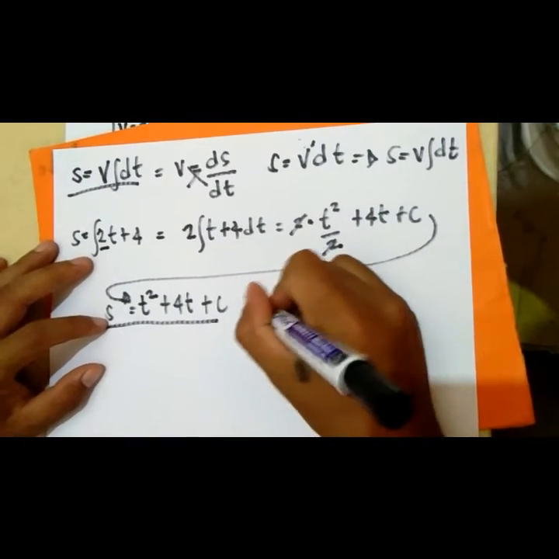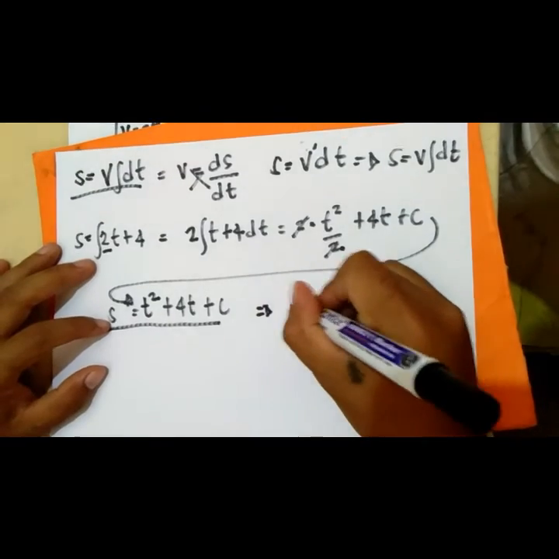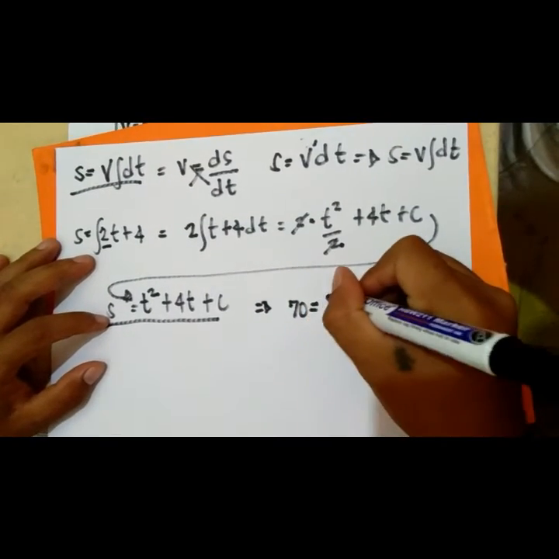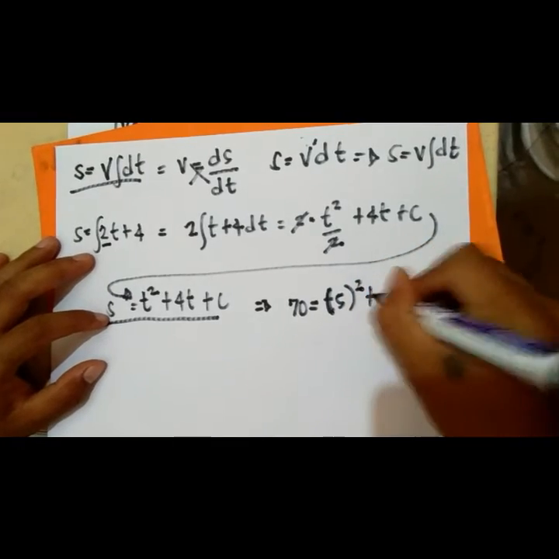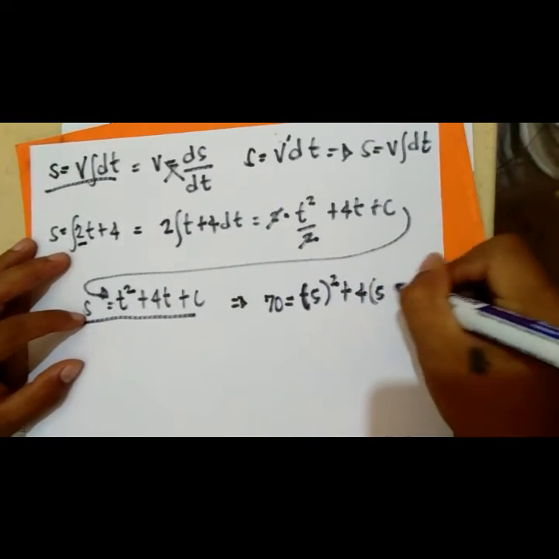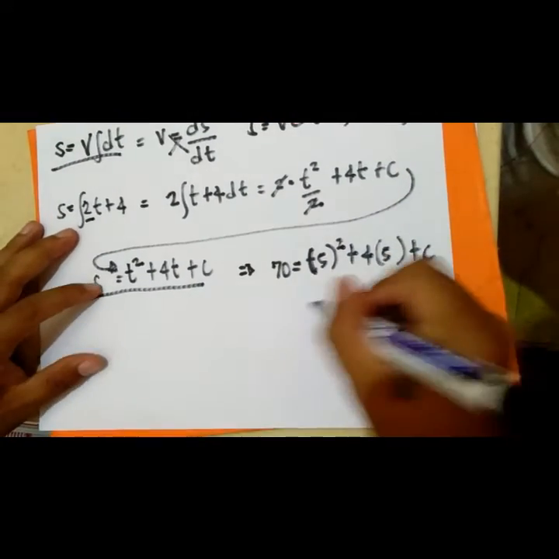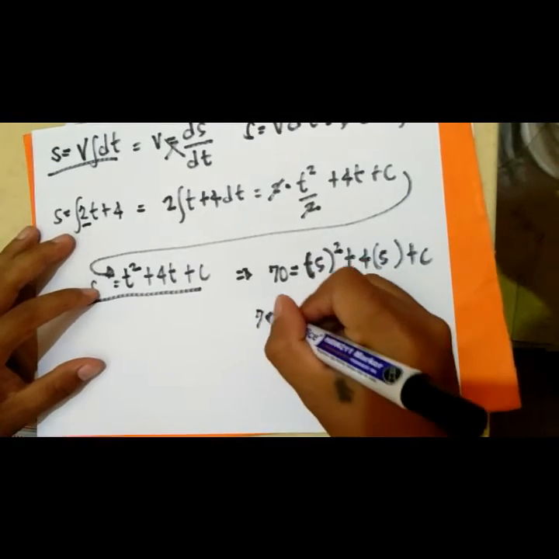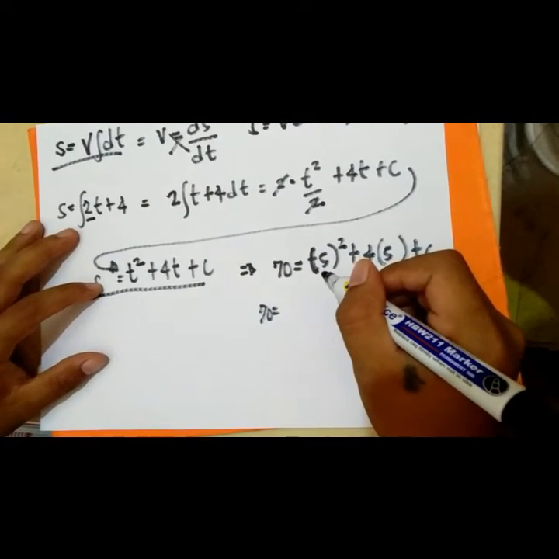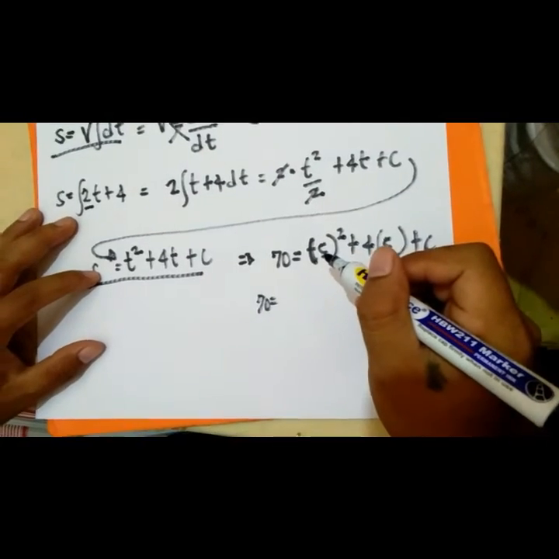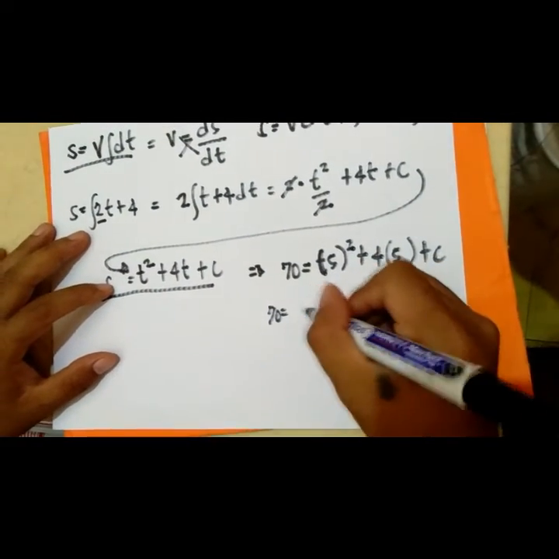So 70 equals 5 squared plus 4 times 5 plus c. 5 squared is 25.